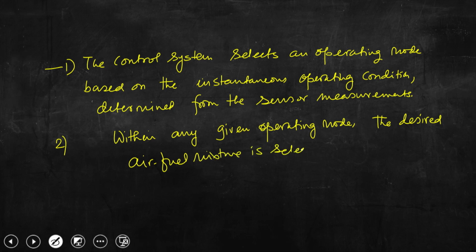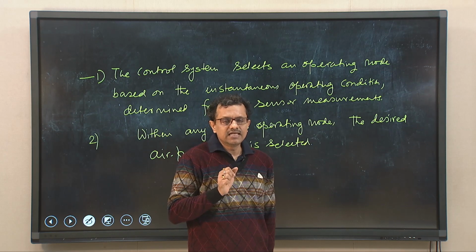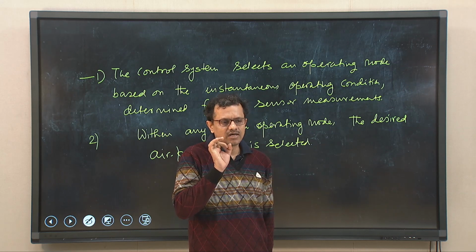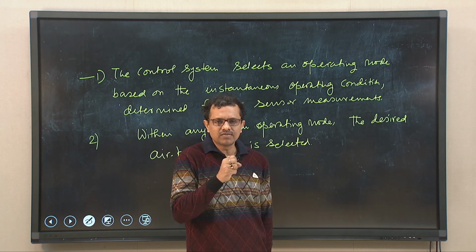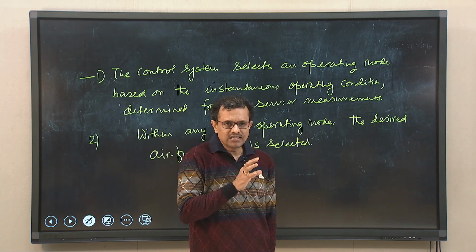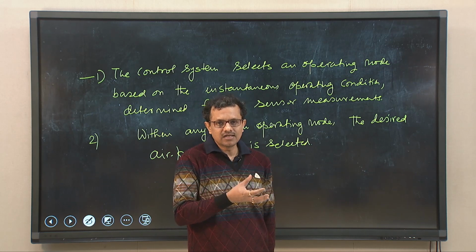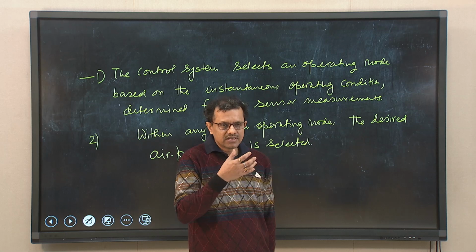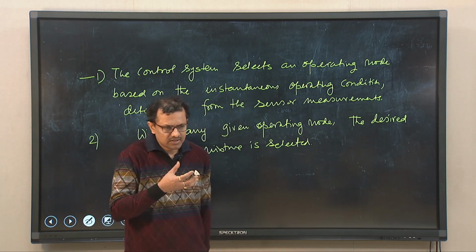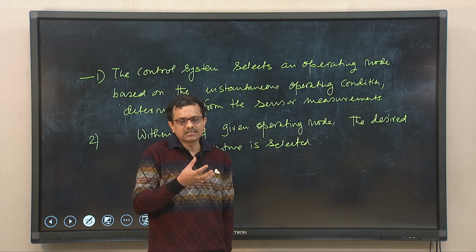is selected. That is very important, and this is desired, not stoichiometric, as we had seen. Even if the engine requires a stoichiometric air fuel ratio during the cruising zone, the controller will supply it. If the engine experiences heavy load or acceleration, certainly the air fuel ratio should deviate from the stoichiometric one, and the engine needs a rich air fuel ratio.